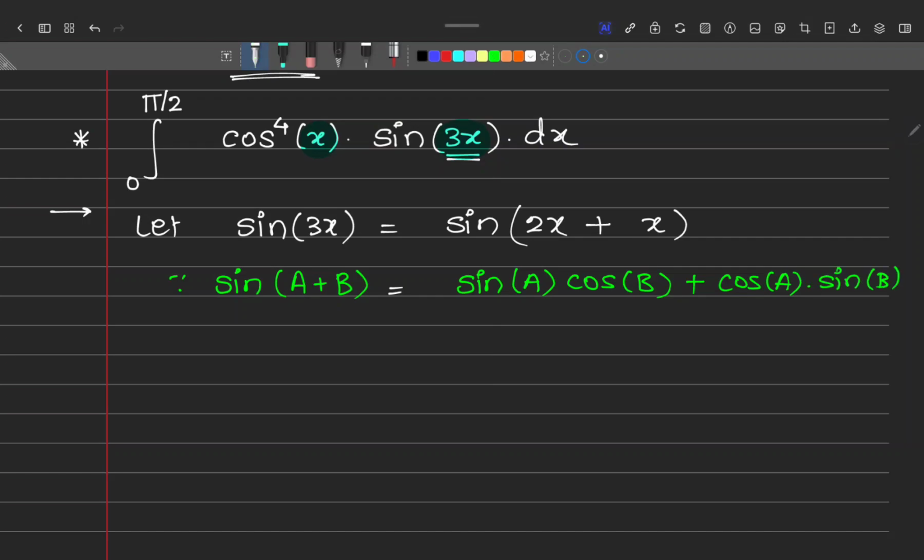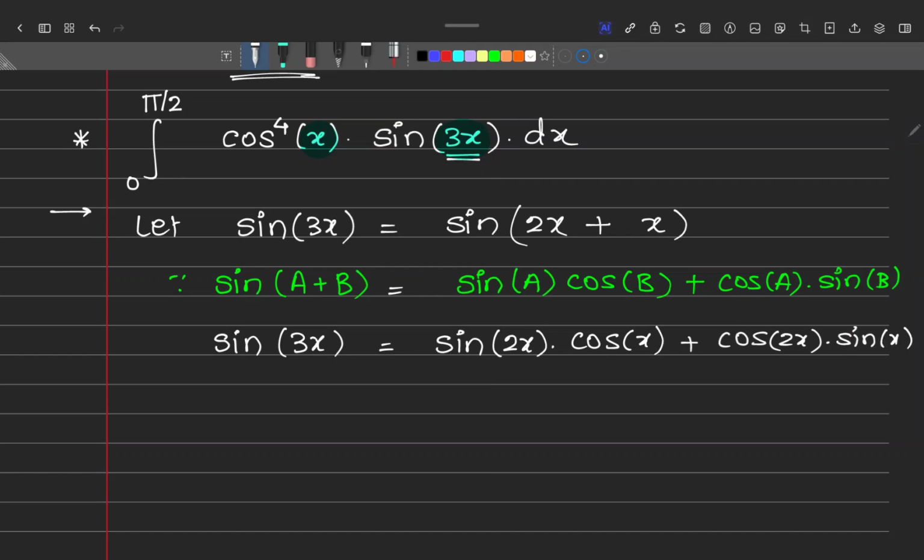So what do we get here? This implies the value of sine 3x will be sine 2x into cos x plus cos 2x into sine x.